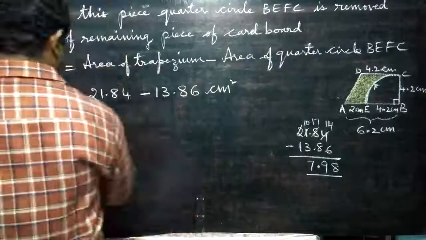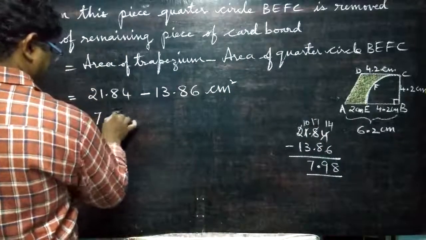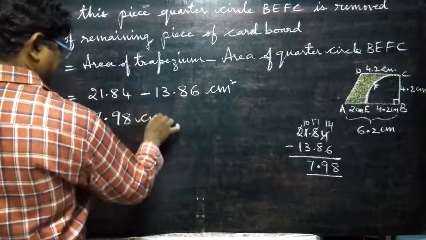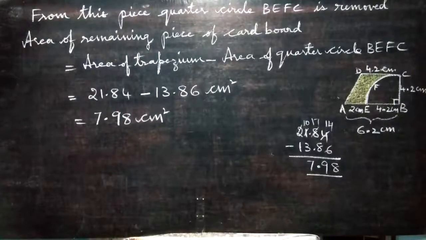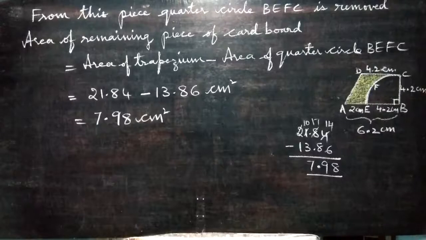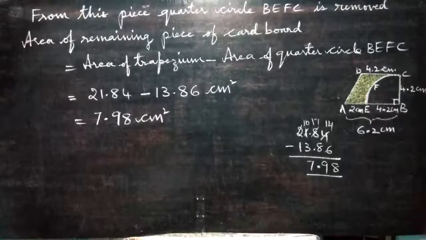So how much you got means 7.98 centimeter square. Therefore the area of remaining piece of cardboard, the remaining piece of cardboard AECD is equal to 7.98 centimeter square.